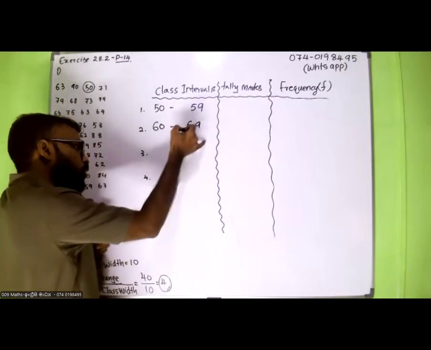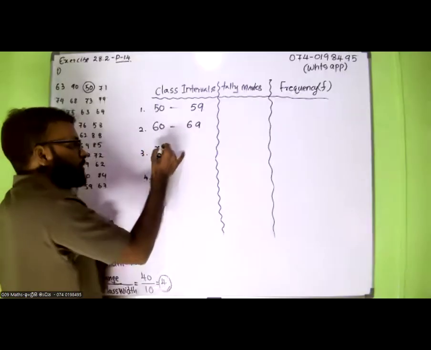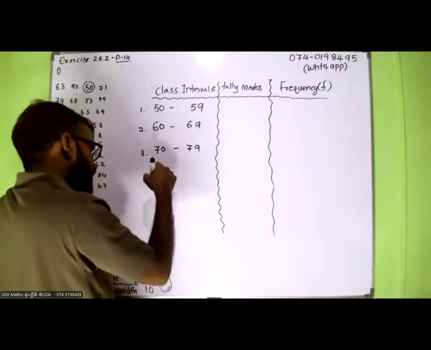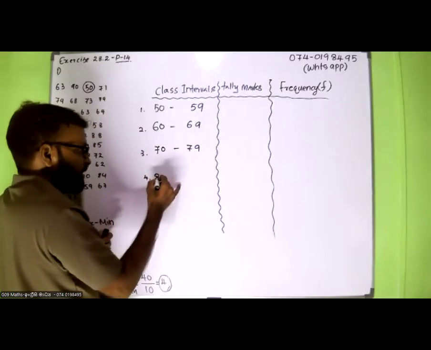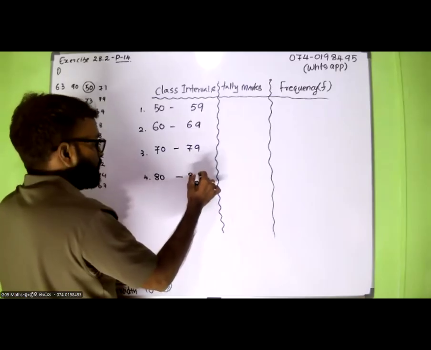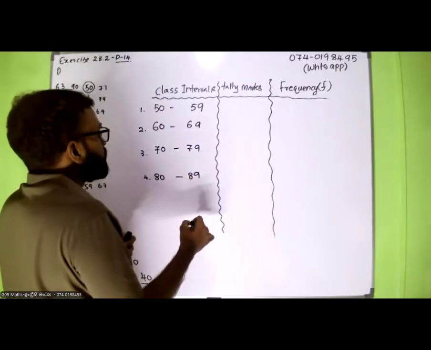Open gap, so 70 to 79. Open gap, so 80 to 89.